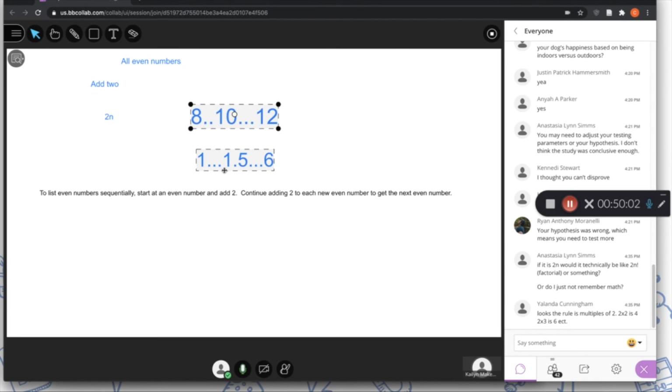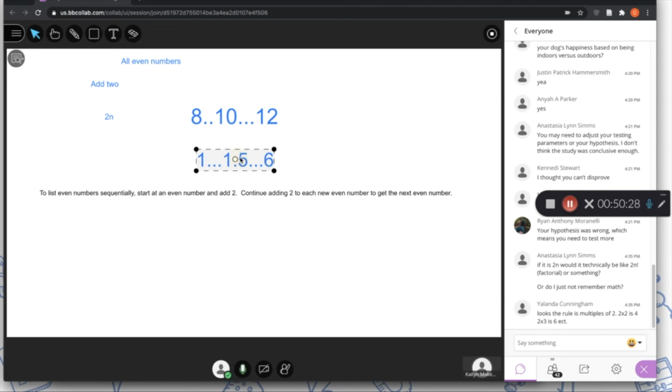So if I propose the numbers 1, 1.5, and 6, and that does fit the rule, well, I know that my rule is wrong, right? So you've now disconfirmed your initial hypothesis, which you can reevaluate. So this is the idea that you really want null and alternative hypotheses that you can test in order to provide evidence against your hypothesis.